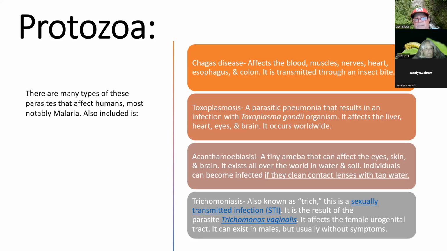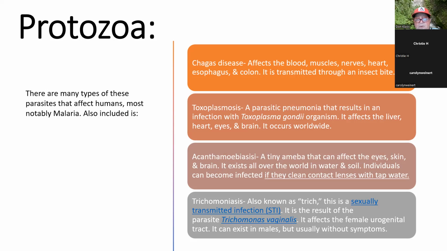But what we're talking about here, and these are a little less known, the first one is Chagas disease, which affects the blood, the muscles, nerves, heart. Let me shrink this. Esophagus and colon, and it is transmitted through an insect bite.